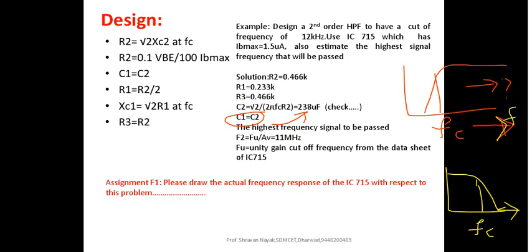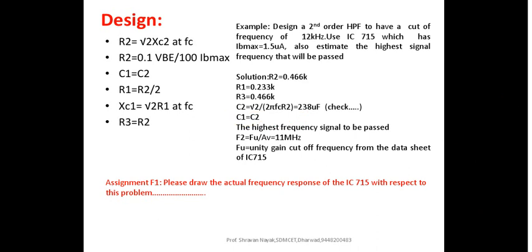and that is decided by the very specifications of your operational amplifier, which we call the unity gain cutoff frequency. I hope you should be able to recall what is the meaning of the unity gain cutoff frequency, right? It is the frequency at which the gain still remains unity, right?